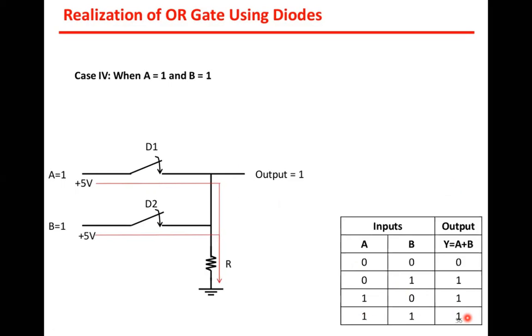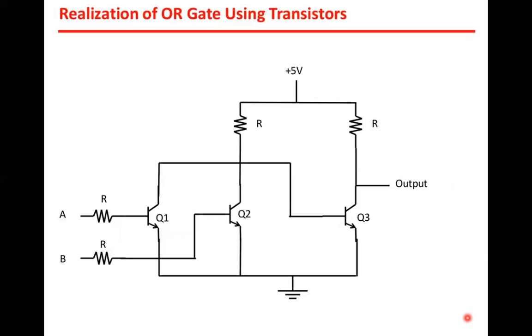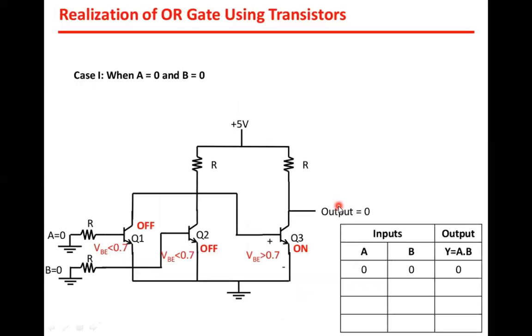diode construction. This is a realization of an OR gate using transistors. We have used TTL combinations like Q1, Q2, and Q3. It works the same way. When both the transistors are off, 0 and 0, it means when we give 0 as A and 0 as B, these two transistors will be off.